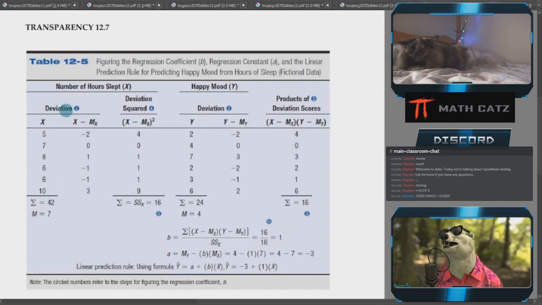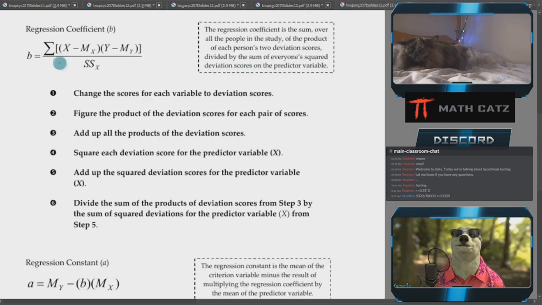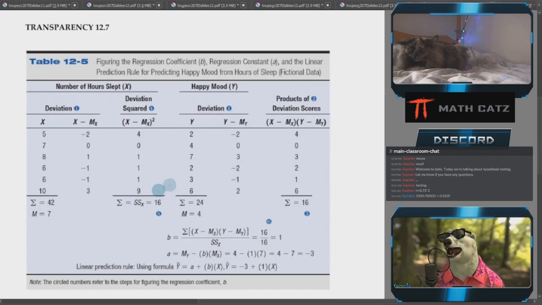So I calculate for X the deviation scores, and then squared deviations for the sum of the squares, which feature in my formula here, sum of the squares of the X scores. And then the deviation of the Y scores, and I multiply those two deviations, sort of cross product there.